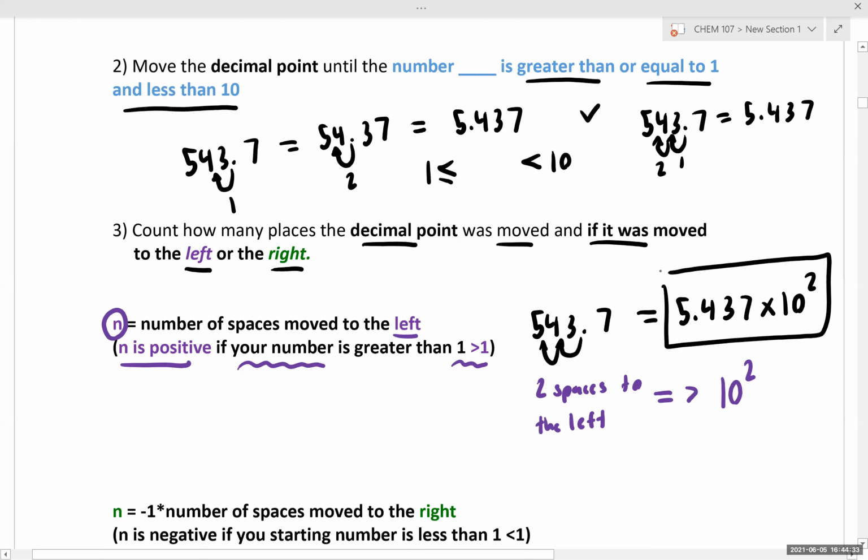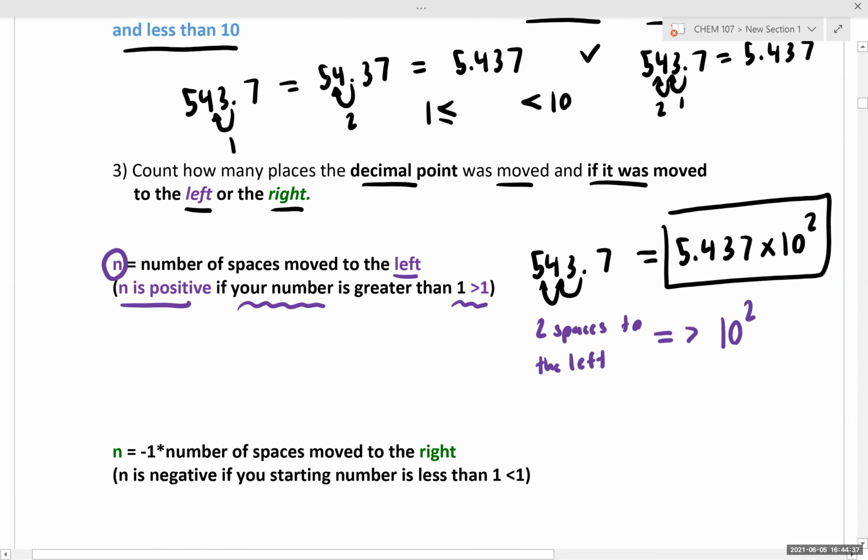Now, let's look at another example. Suppose I have 1,030. So just to refresh this, we put a decimal point at the end if the number doesn't have a decimal point.